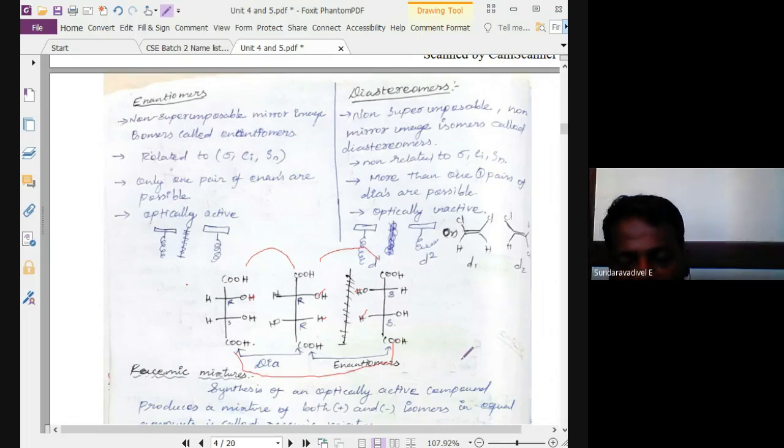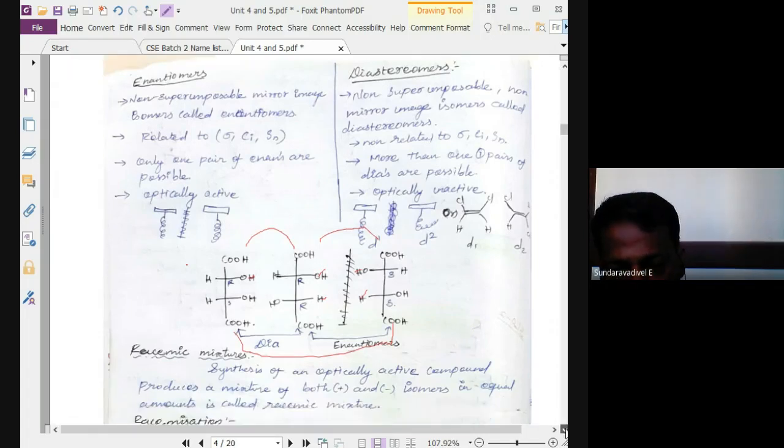So you have to identify which one is the enantiomer and which one is the diastereomer.